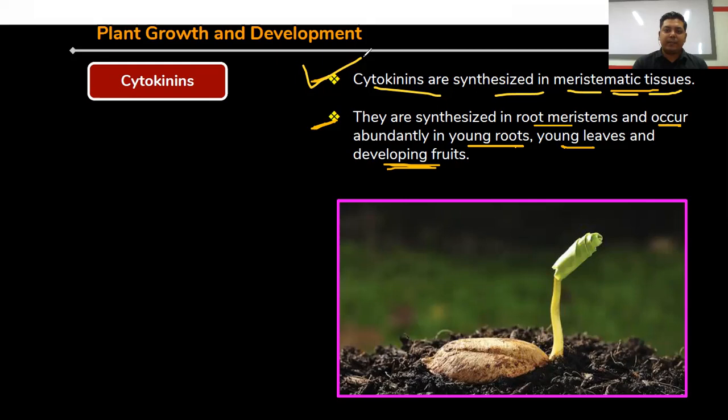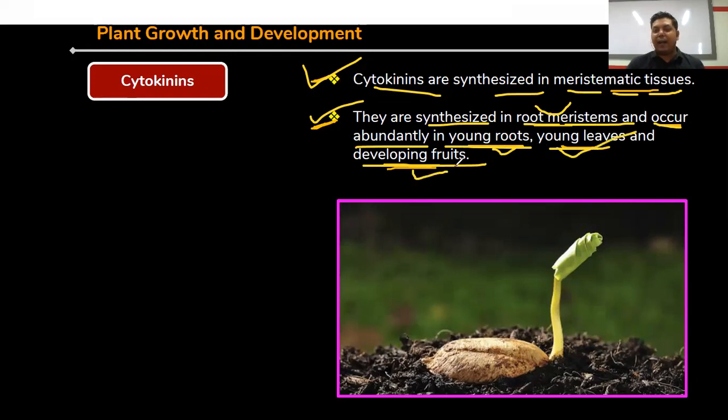Now, what do you mean by meristematic tissues? Already I've talked about them. Those tissues are in a dividing stage, and they can undergo a lot of division to form several tissues or specific cells. Cytokinins are synthesized in root meristems and occur abundantly in young roots, young leaves, and developing fruits. Why?